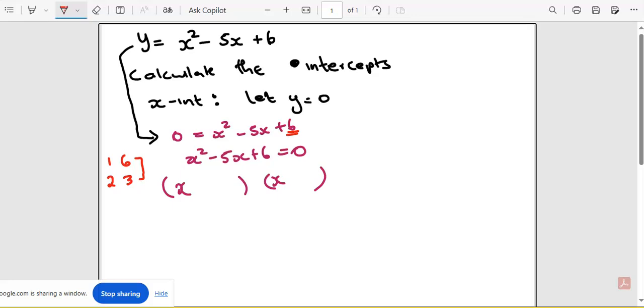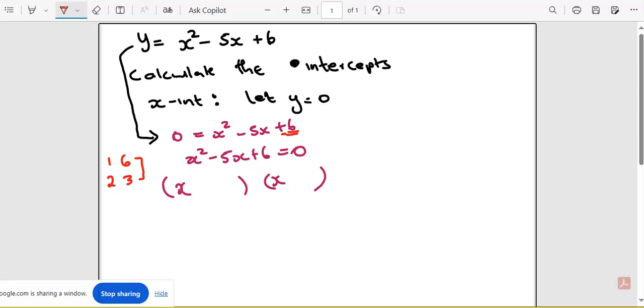But remember that I can't use 1 and 6, because the last term is positive, which tells me that both of them should be negative, and when I add those two numbers, I'll get -7. So I need the two factors that when I add them give me -5.